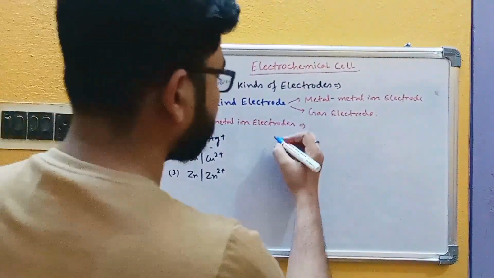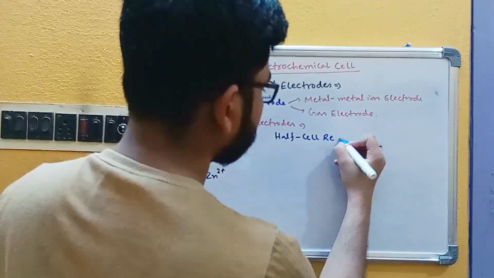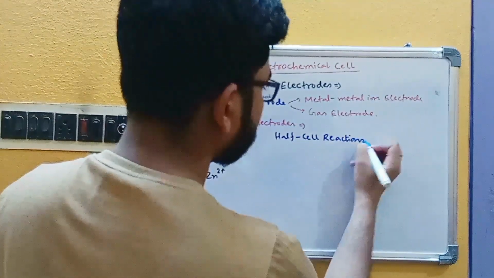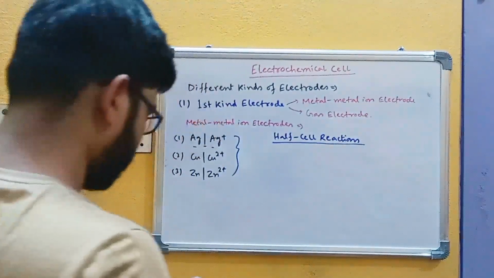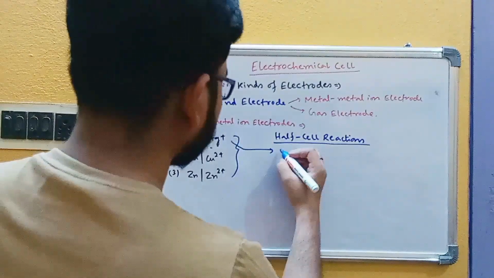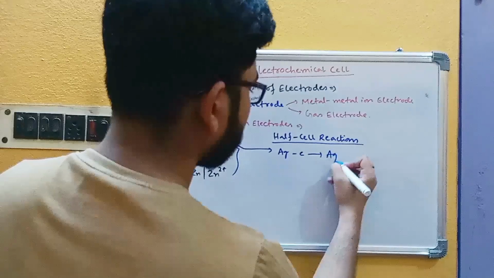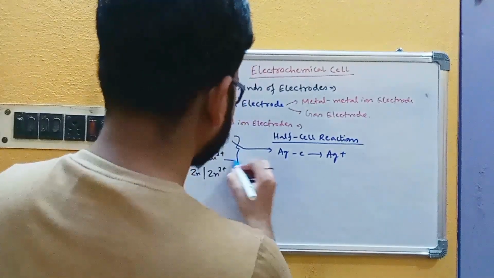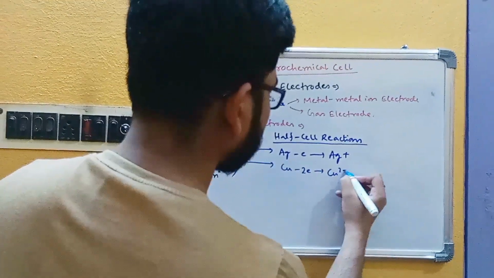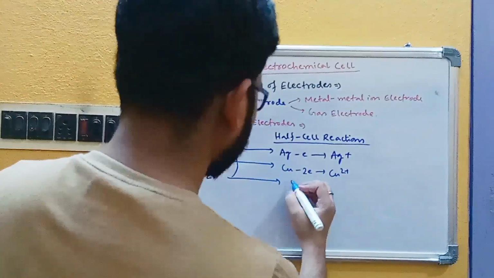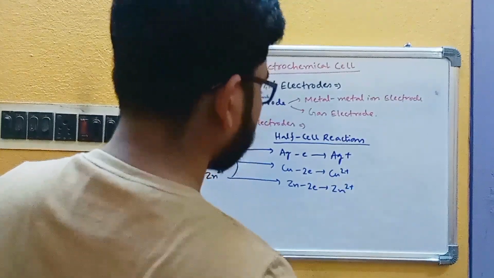And if we write the half cell reactions corresponding to these three half cells, that are Ag minus electron gives Ag plus, copper minus 2 electrons gives copper 2 plus, and zinc minus 2 electrons gives zinc 2 plus.